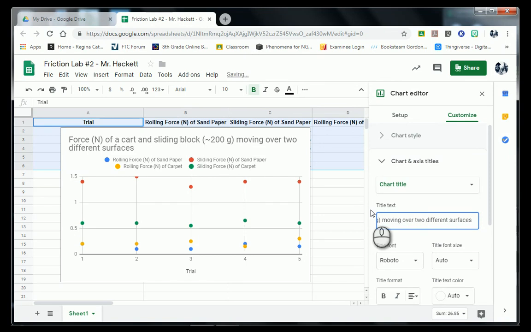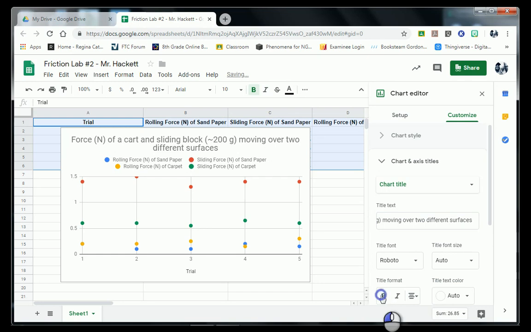Okay, and so I'm going to go down here, make sure it's in the center. I'm also going to bold it, and that looks really nice. So the force in newtons of a cart and sliding block, approximately 200 grams, moving over 2 different surfaces.